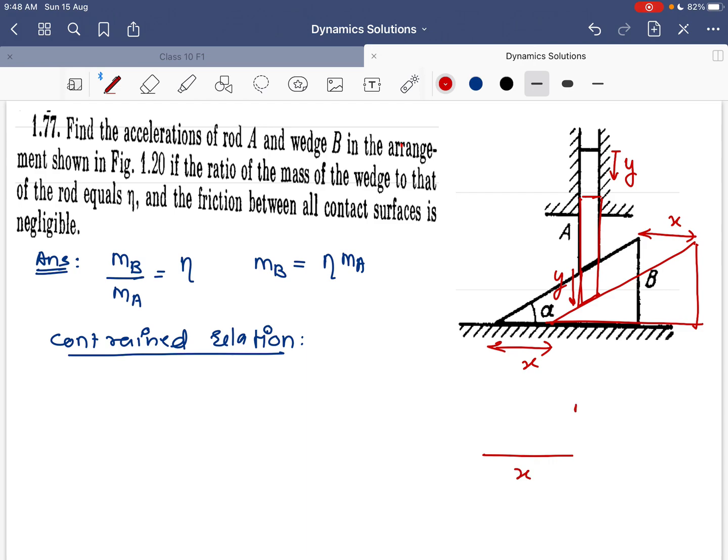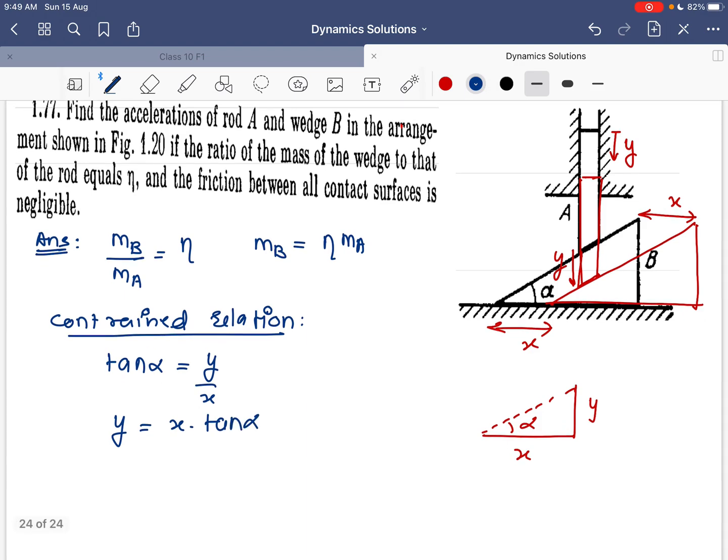Now if you join this x and this y, while the angle between them is alpha, you will get the constraint relation as tan alpha is y upon x. So I can say y is equal to x into tan alpha.